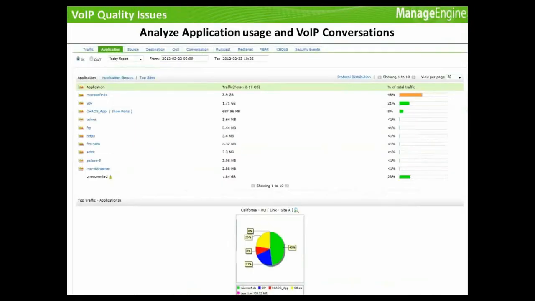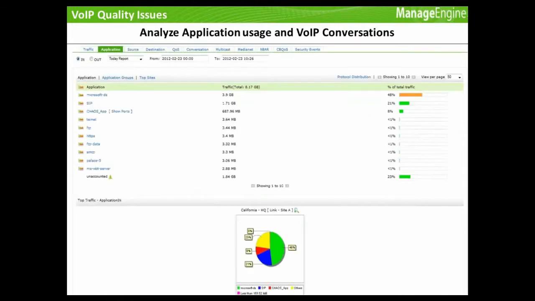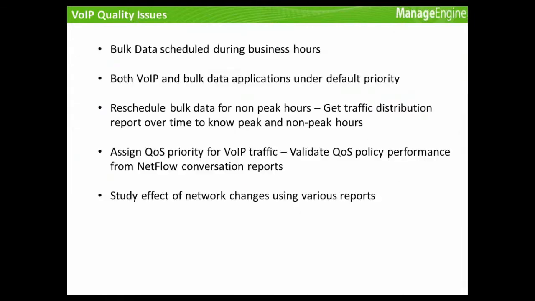Something else is analyzing application usage and how your voice is performing. And so you can find that over time, maybe if voice calls are getting choppy, then you can check it out. And this is another case one of our customers had. He found that bulk data was scheduled for business hours.